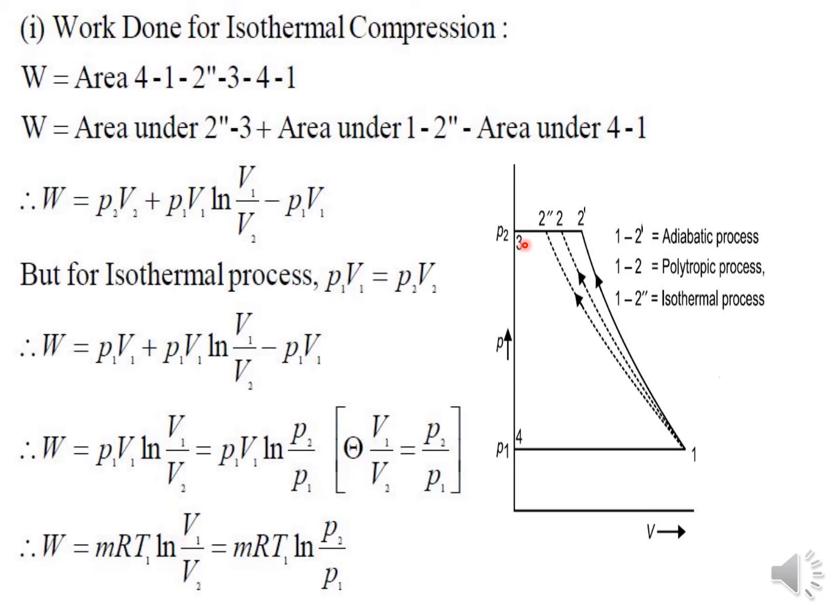The area below the curve 2 double dash 3, listen, is this much; it is constant pressure. If I calculate the area exactly below this, it will be the work done during the constant pressure process. And the work done during 4 to 1 is again a constant pressure process.